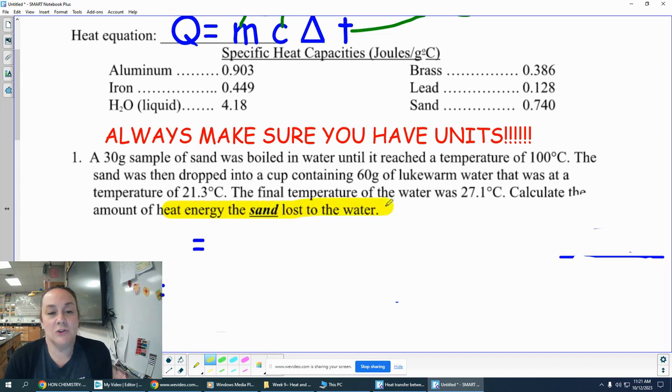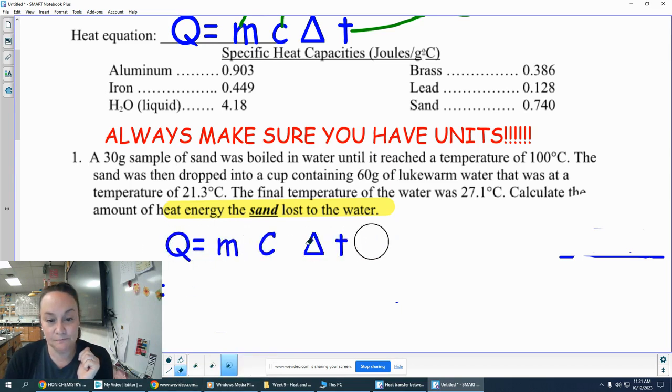I'm trying to figure out how much energy the sand lost. So when you do a Q is equal to MC delta T problem, the only variables that go into that are trying to answer your question. So I need Q of sand, C of sand, M of sand, and delta T of sand. Don't put anything else in here.